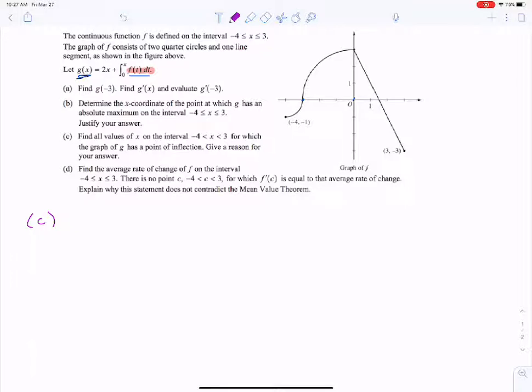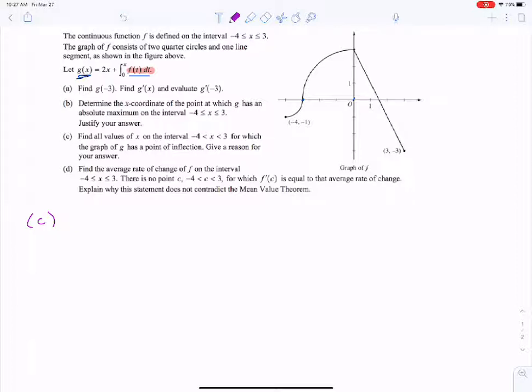Okay. Find all the values of x on the interval from -4 to 3 for which the graph has an inflection point. Give a reason for your answer. So we are looking for an inflection point for C. Inflection points, let's think about inflection points. They occur where the derivative function changes from increasing to decreasing, right? We're looking at the second derivative.